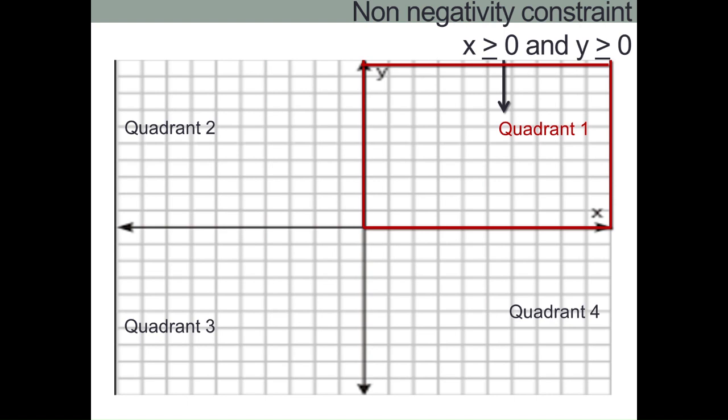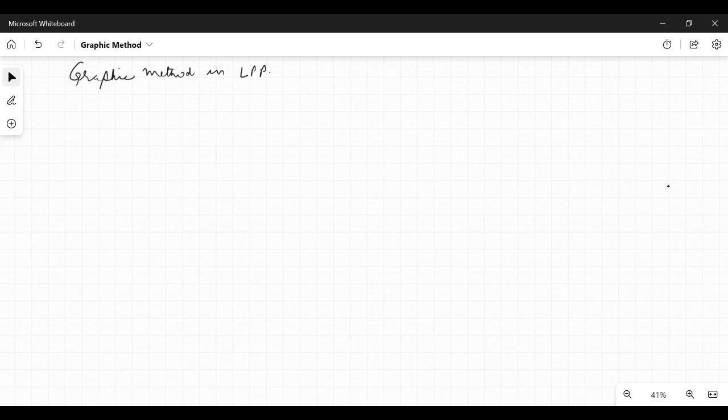Now, before proceeding toward the solution of some practical questions through graphic methods, let's discuss some basic concepts of graphic method. Now, whenever we have to solve the linear programming problem graphically, we must keep in mind a few things. As we have already discussed that there are four quadrants and we only want the first quadrant in order to solve our question.